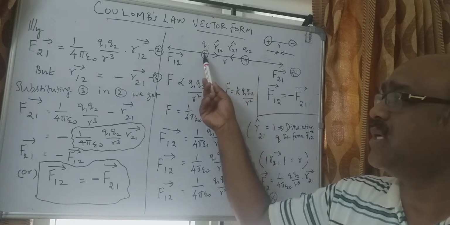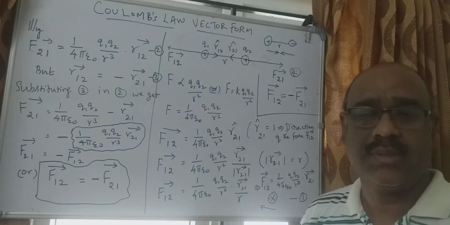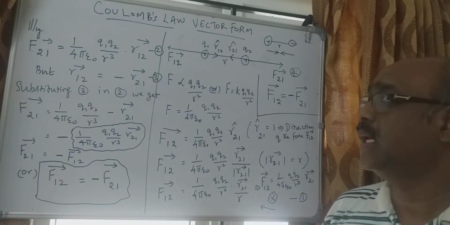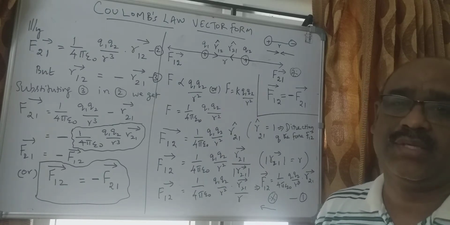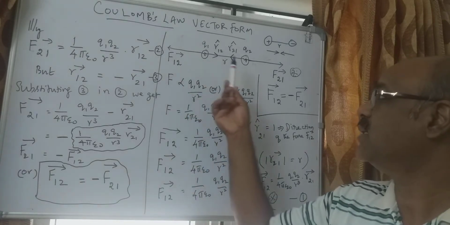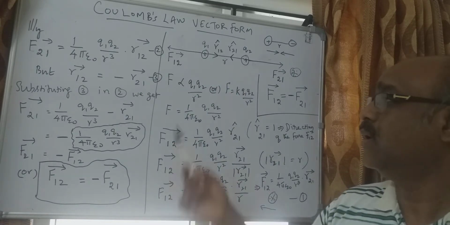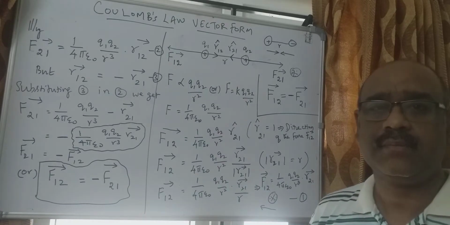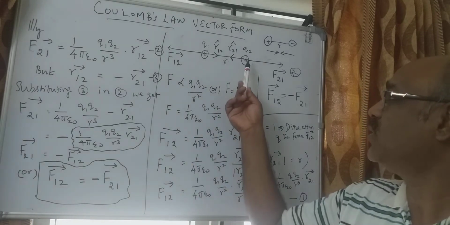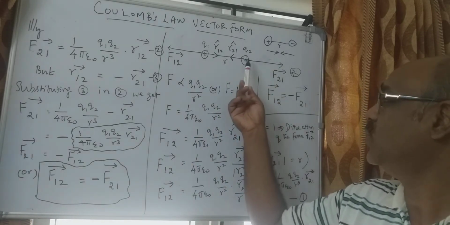This is a positive charge and this is also a positive charge, and we know that if the charges are similar in nature, they will repel each other. So here this charge, that is charge 1, will exert a force on charge 2.